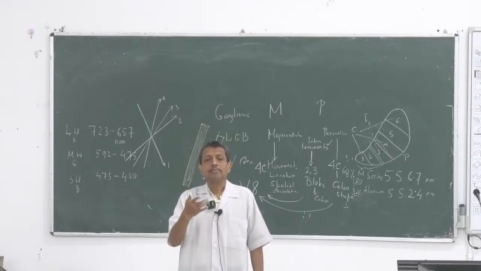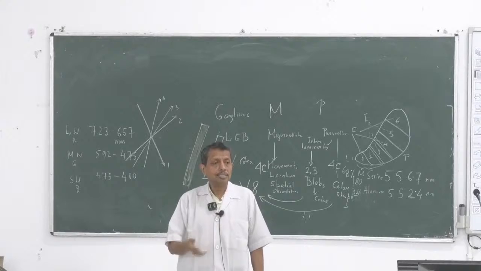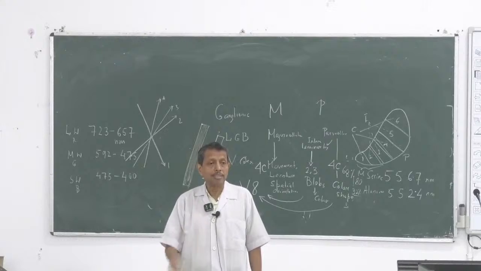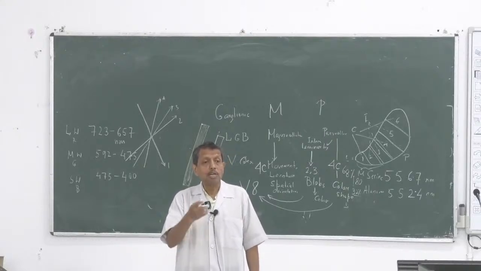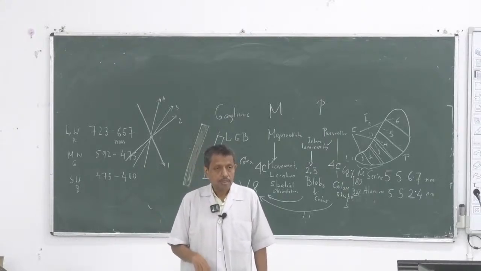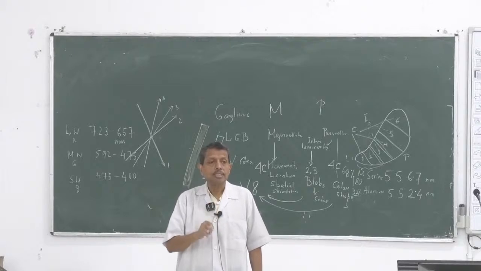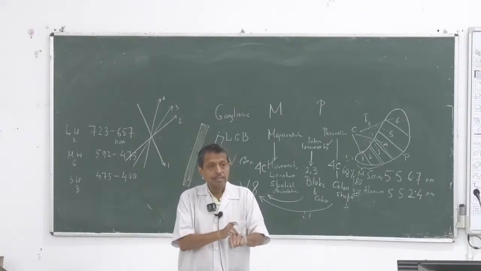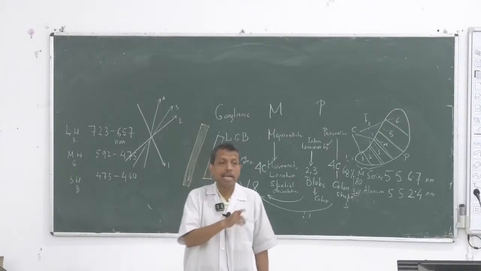We can detect 3 colors, but their sensitivity may differ to some extent. But if there is protanopia, the individual cannot distinguish what is red. In this case, he is a dichromat.